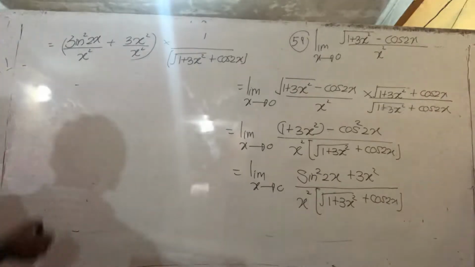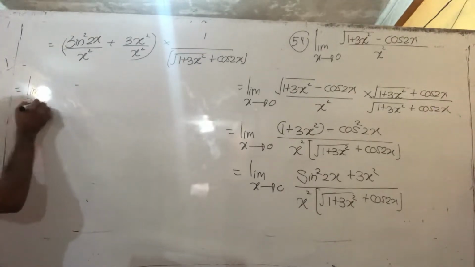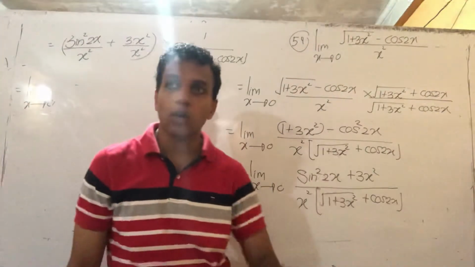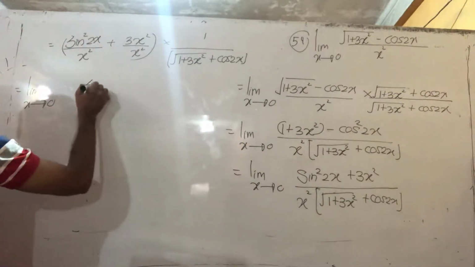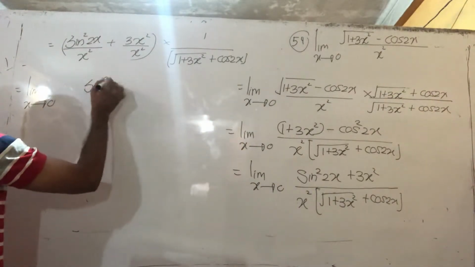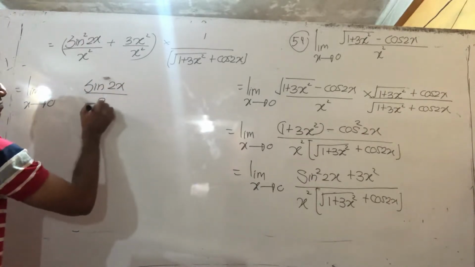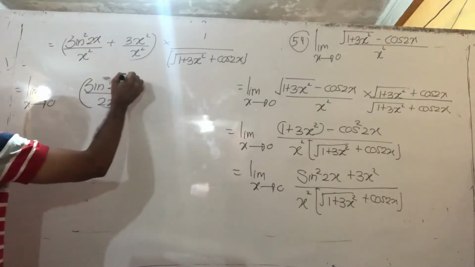Okay, now rearrange limit x tends to 0. Now write the general pattern of sine theta over theta form. What is this part? Sine square of 2x, then we need 2x below, but completely squared.